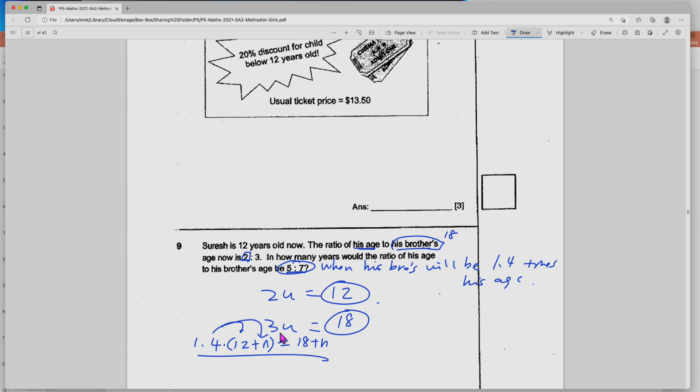Just remember, whatever you don't move, copy down first. Whatever you move, change the sign. The 168, you move to the other side, right?